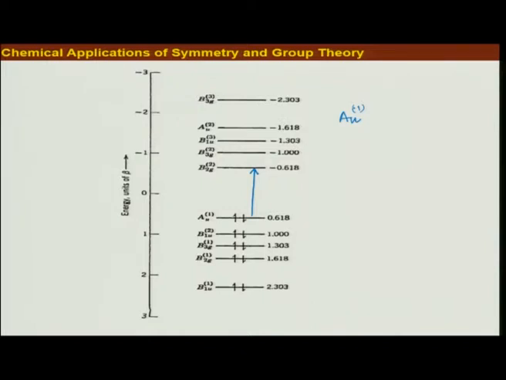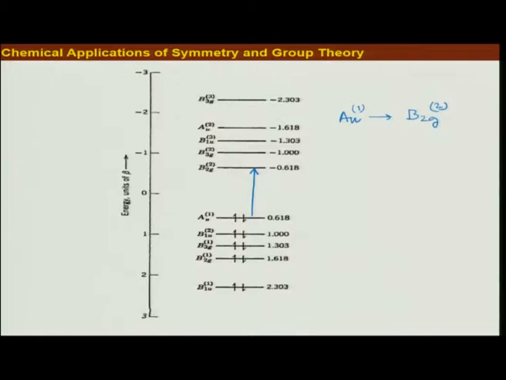So to differentiate them, they are marked by this superscript 1, 2, 3, and so on, in order of increasing energy. If I have a transition from this AU orbital to the B2G orbital, then that will give me the lowest amount of energy.